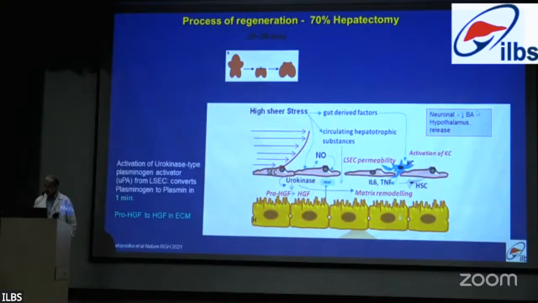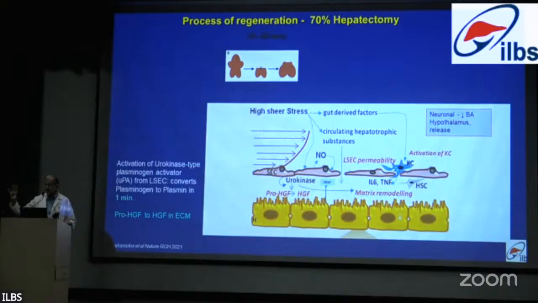It is also very important that once hepatectomy occurs, with the loss of volume, the neuronal message goes to the brain, in the hypothalamus, and in 15 minutes, the bile acids will start coming down. So there is local, there is neuronal, and lastly, hemodynamic. When the blood flow comes, the same amount of blood which was there is now going to a liver reduced to 30%. 70% liver has gone.